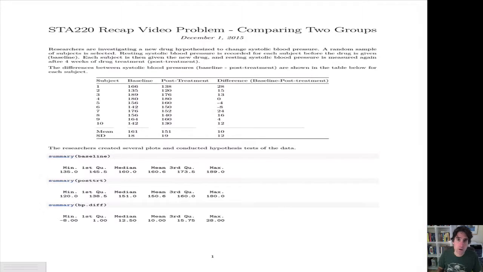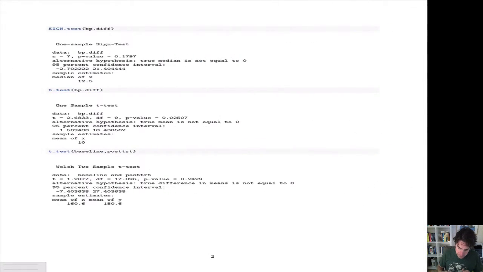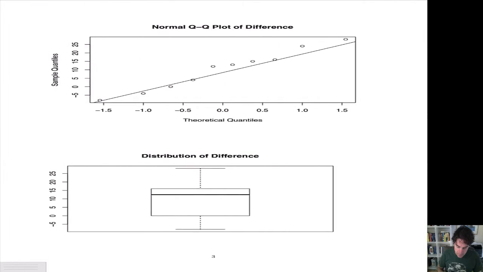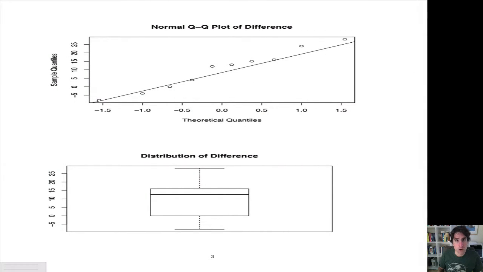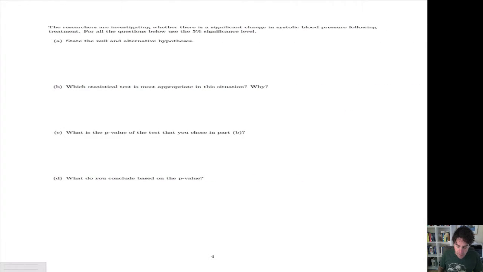And you'll see here, you're given the data, and you're given the 5-number summary for the baseline values, for the post-treatment values, and for the difference between the baseline and the post-treatment for each subject. We're also given various output for this data, along with some plots, and then we're asked to answer some questions.